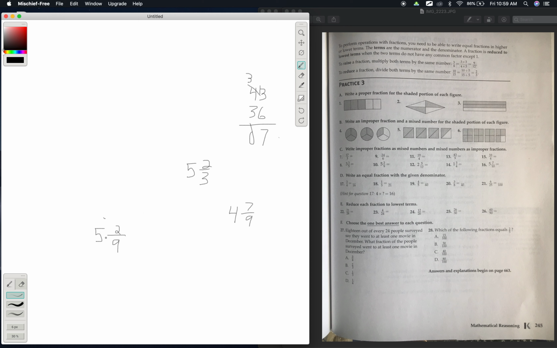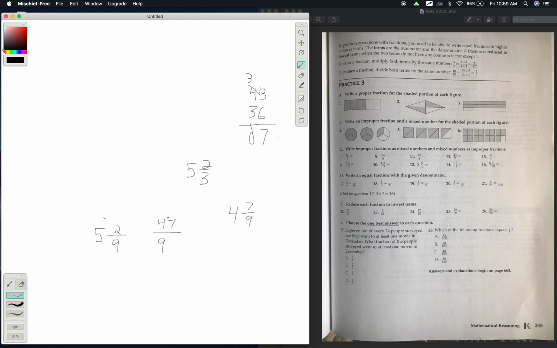Then you add 2. 46, 47. So we are changing mixed numbers to improper fractions. So here is our improper fraction. Always keep the denominator.